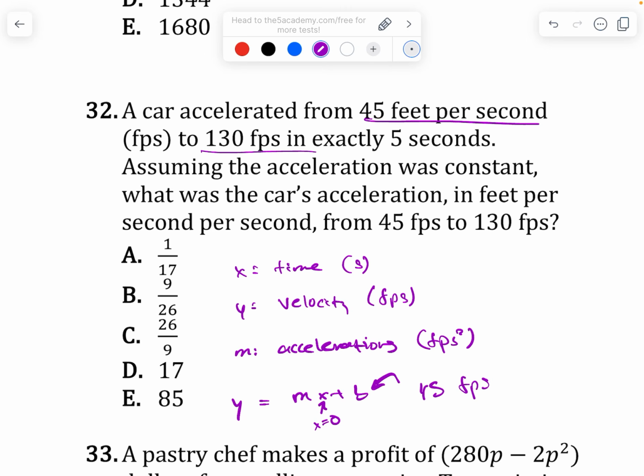So that's reflected if I was to put this in a table. Let's start with 0: 0, 1, 2, 3, 4, 5, right? So at x equals 0, at the very beginning of this, we're going 45 feet per second.